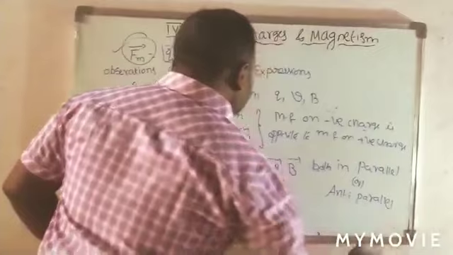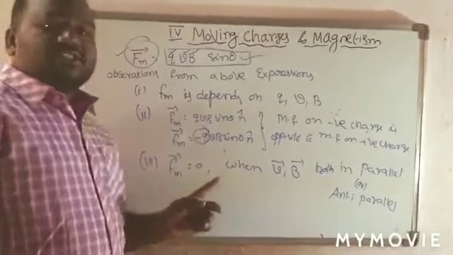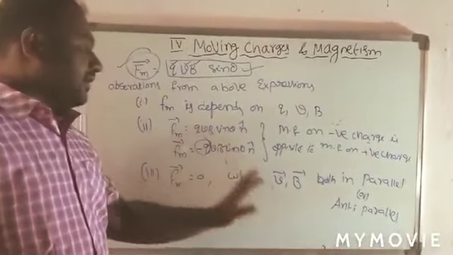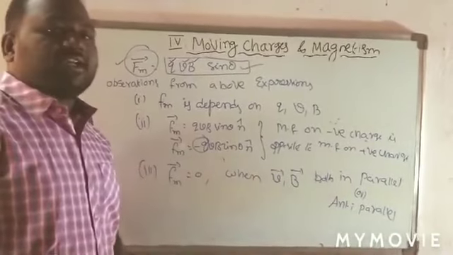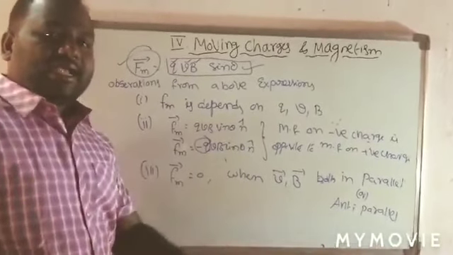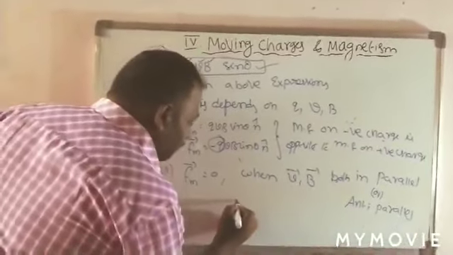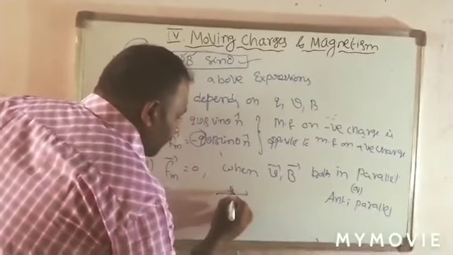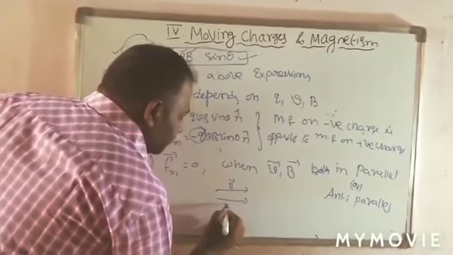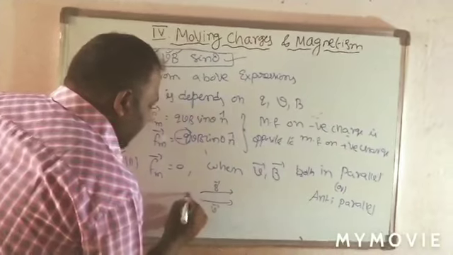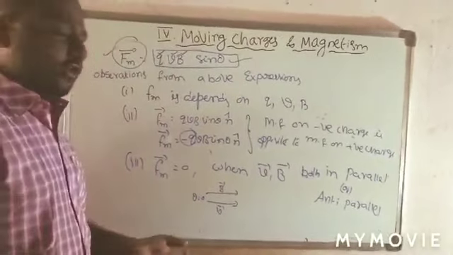See here, the magnetic force is 0 when the velocity vector and field vector are both parallel and anti-parallel. That is nothing but, if B bar and V bar both are like this, here the angle is 0 degrees.